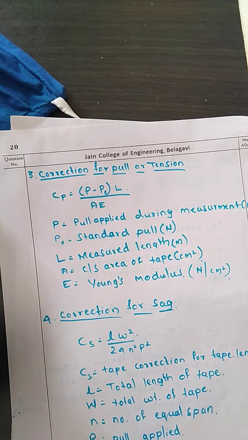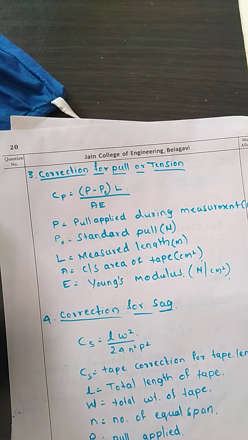Now the correction for the sag. As I have told, when you don't stretch the tape properly, then sagging is going to occur, and a curve is going to appear. So here we need to apply the correction for that.